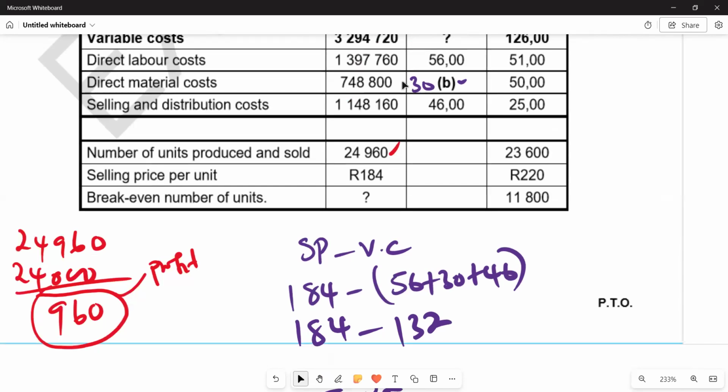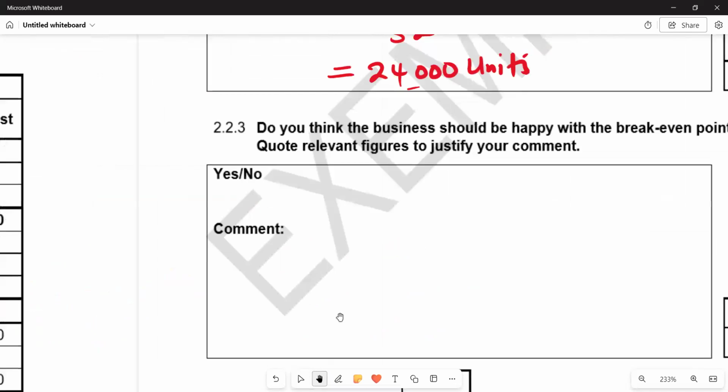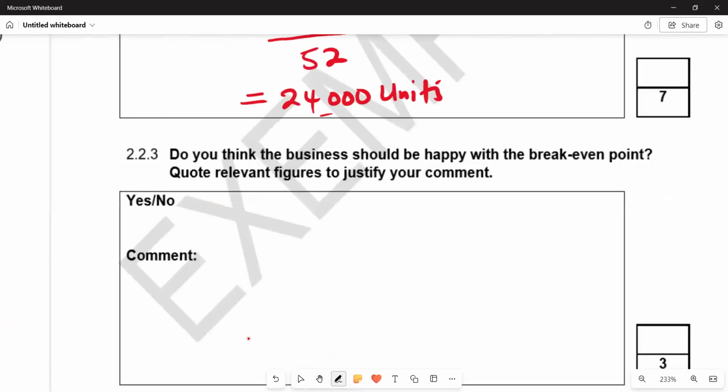So we can interpret it from that point of view. Our response there is yes. And the reason?